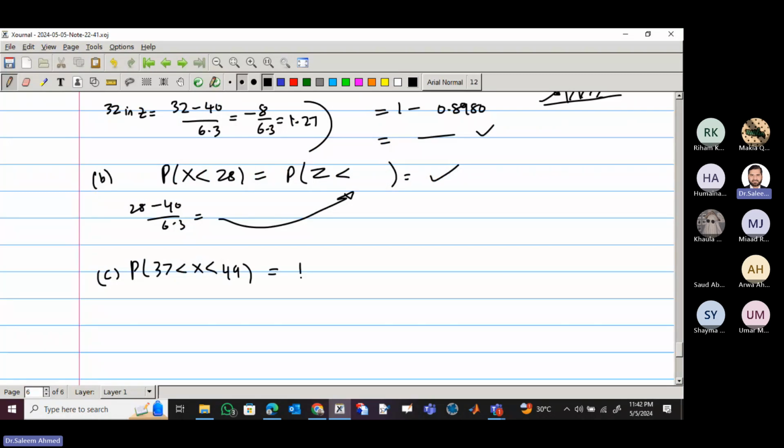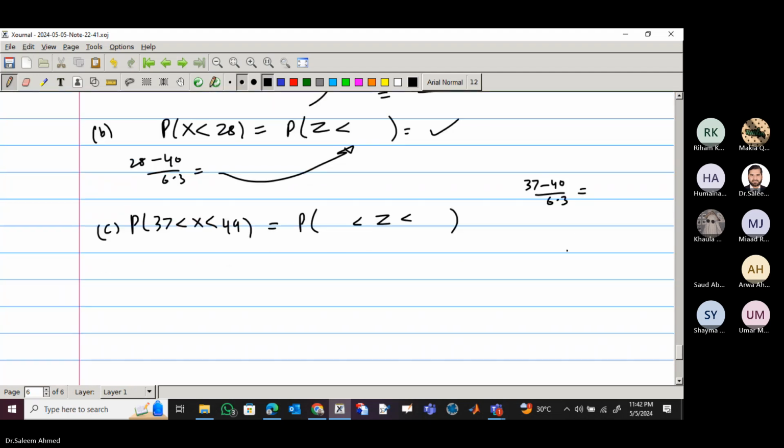Now I have to change these two values to Z. So 37 in Z is 37 minus 40 divided by 6.3, which is minus 0.476.